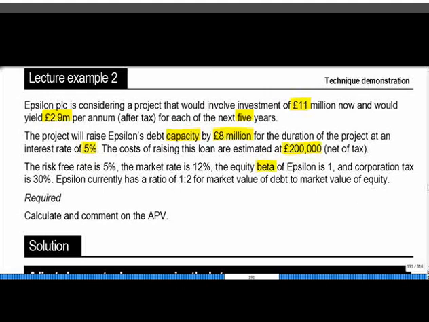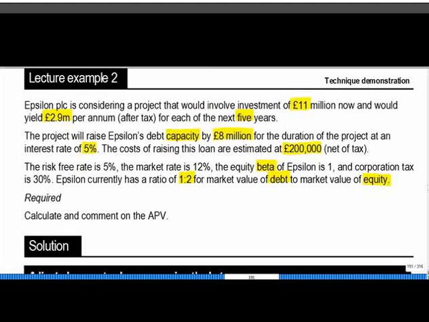Finally, we're told that currently we have £1 of debt to £2 of equity. So clearly this project's very different, using lots of debt finance. And because of that change in gearing, we're going to use adjusted present value to appraise it. We'll work through this together.